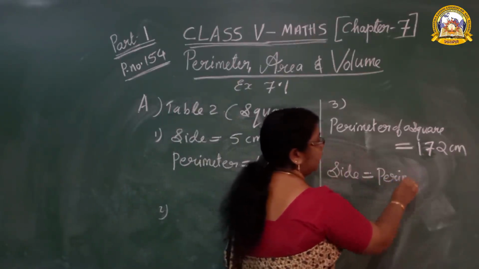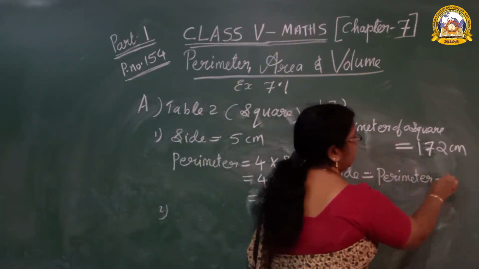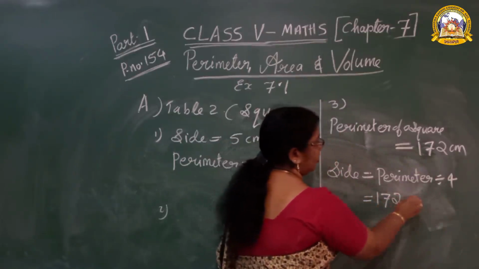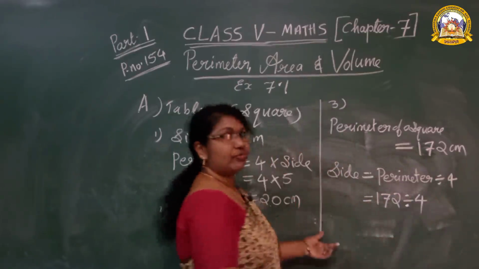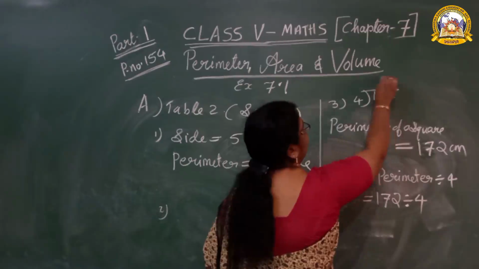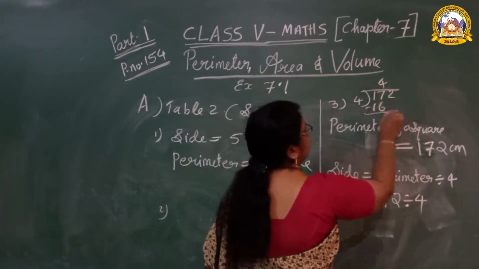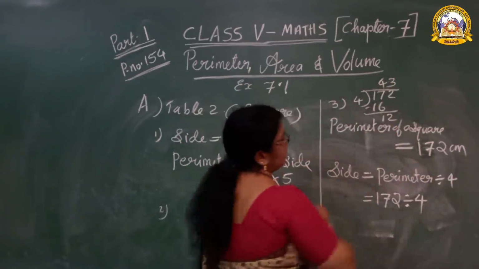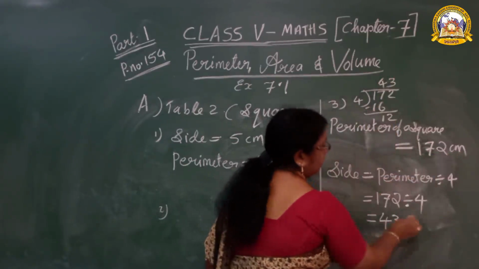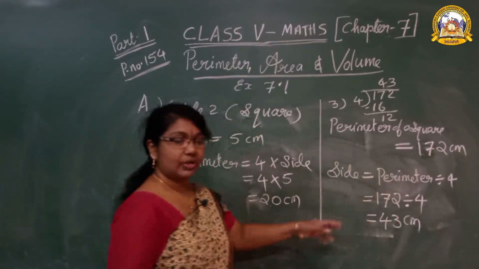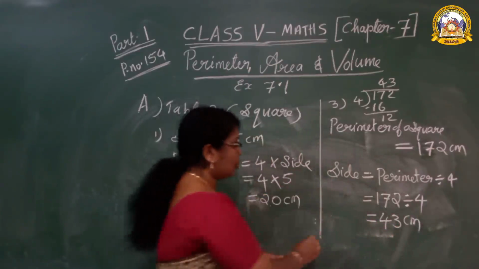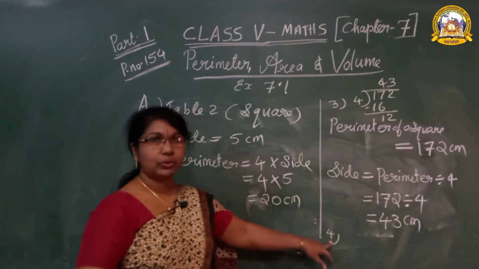Perimeter divided by 4. What is the perimeter? 172 divided by 4. Look here, 172 divided by 4. 4 4s are 16, 12, 4 3s are 12. So it is 43 centimeter. What is the measure of one side? 43 centimeter.